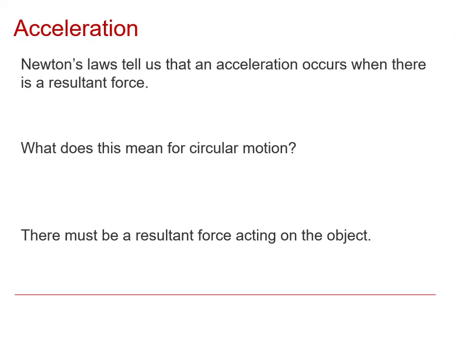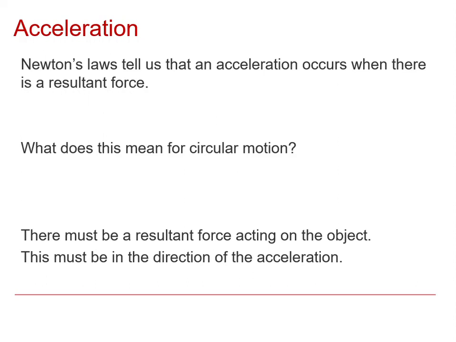Well, it means that there must be a resultant force acting on the object if it's to move in a circle. And that force must be in the direction of the acceleration. And if we're agreed for the present that we're talking about motion in a circle with constant speed, then the direction of that force must match the direction of the acceleration, which is towards the centre.